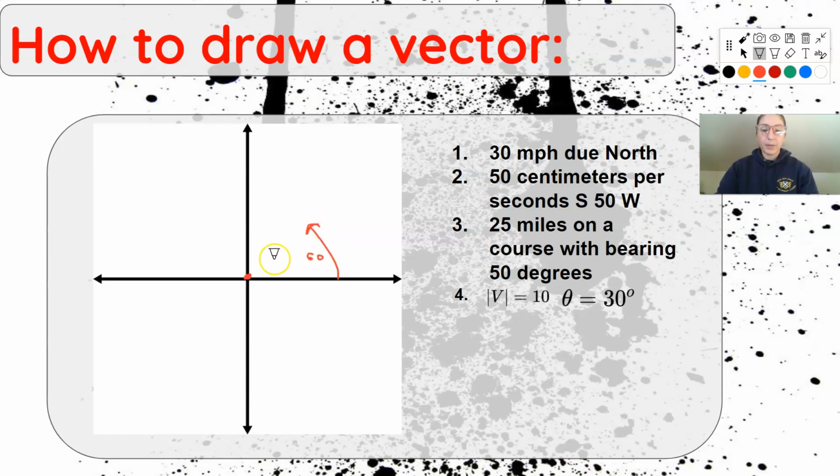So I've opened up 50 degrees. Here's my vector. And 25 miles tells me the magnitude. So this vector I drew in number 3 has a magnitude of 25, and it has a direction of 50 degrees, basically off the horizontal axis, so a bearing of 50 degrees.